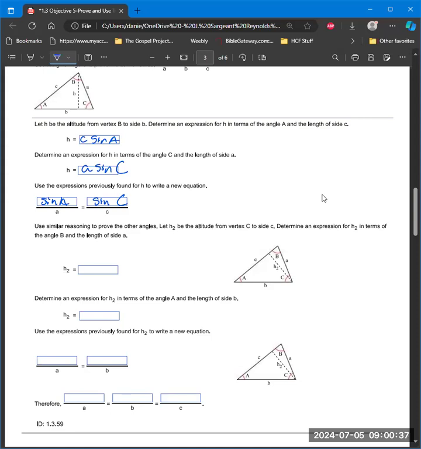And now we're going to draw our height from angle C to side C. That's going to be H2 here.